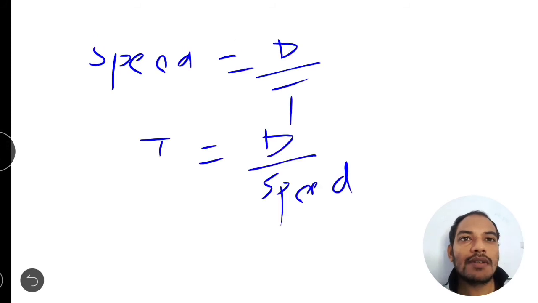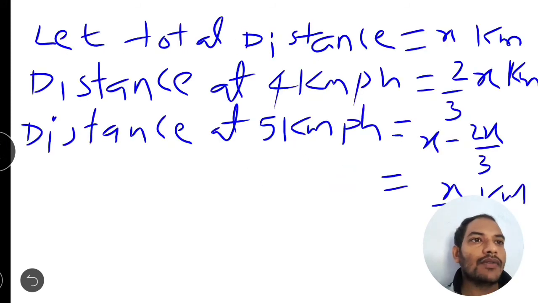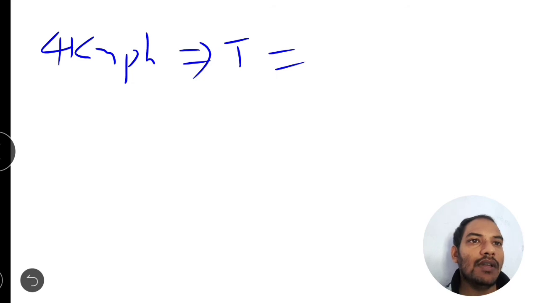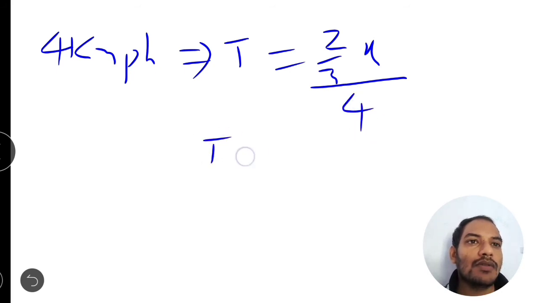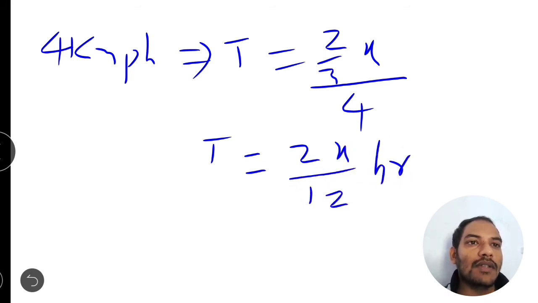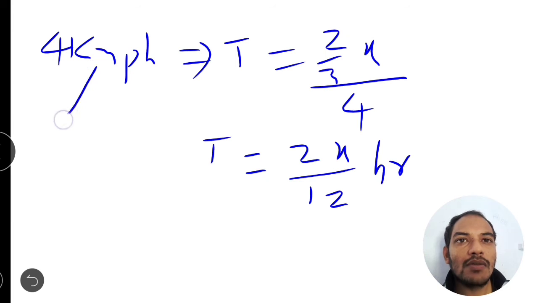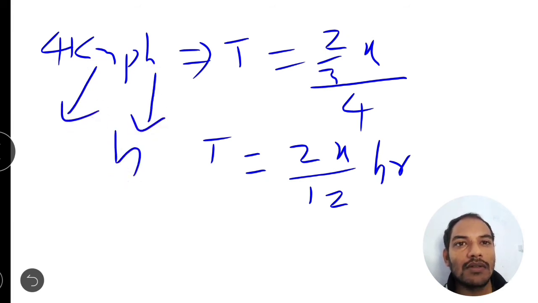The distance is 2 by 3x and the speed is 4 km/h, so it is 2x by 3 times 4, that is 2x by 12 hours. See here, time is in hours, because the speed is given in km/h, that means distance should be in kilometers and time in hours.